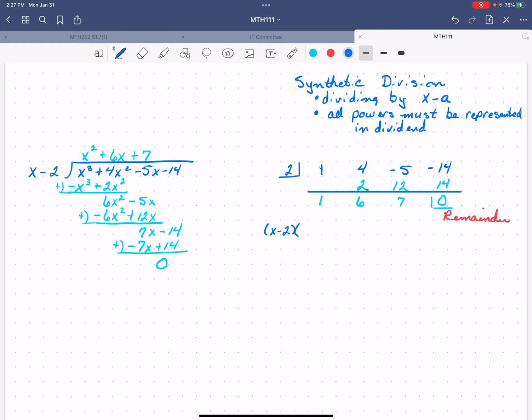So x minus 2 times x squared plus 6x plus 7 is another way of saying x to the third plus 4x squared minus 5x minus 14. Okay, let's try another one. Let's try one that's slightly more complicated.